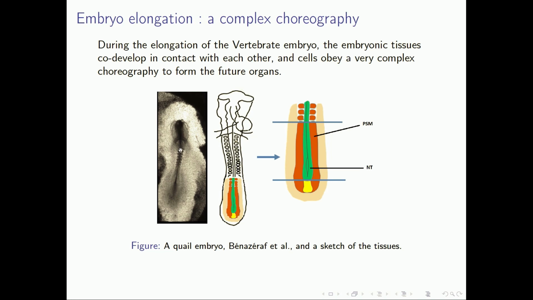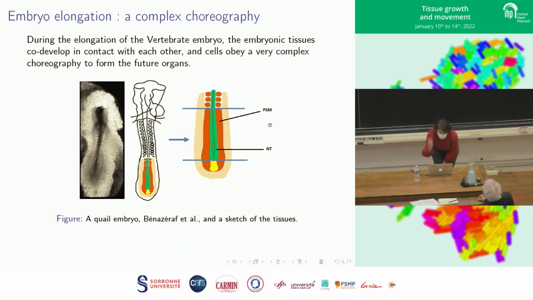What you see in the very thin dark line is a tissue called the neural tube. It will form notably the nervous system, the nerves and so on. And what you see around it, the gray part, is the PSM, the mesoderm, which will form some organs like the muscles and so on.